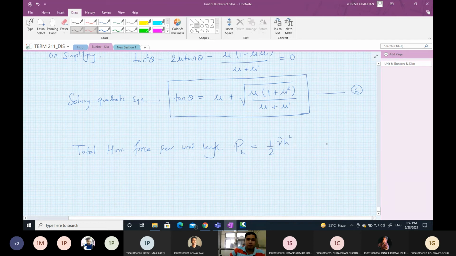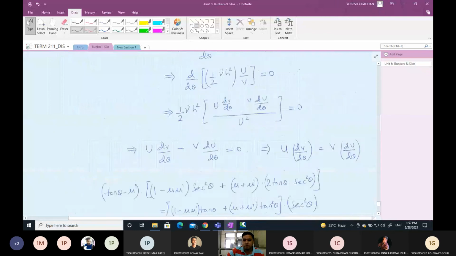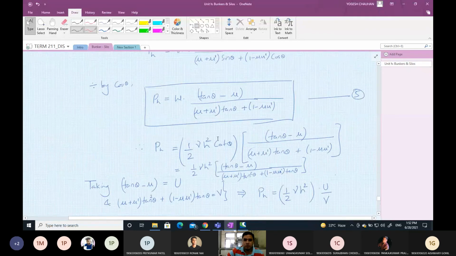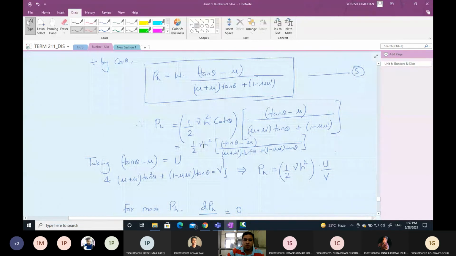Now you substitute the value of tan θ in the expression of PH.